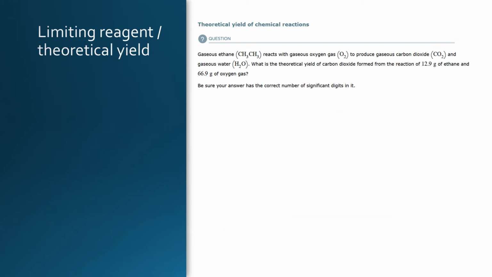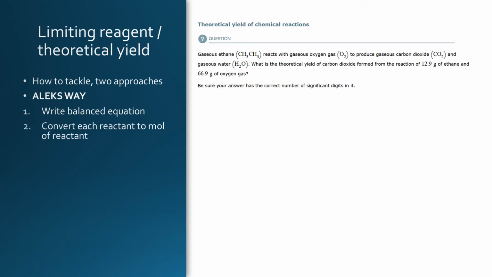Take 2 is to look at this the ALEKS way. It's somewhat similar, but also substantially different. We do start, as always, writing a balanced equation. Another similarity is we take each gram amount of reactant and convert that to moles of reactant. Now there is a departure. In the ALEKS way, you actually compare reactants using the mole to mole ratio between reactants.